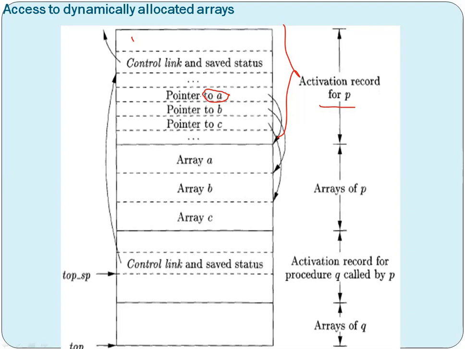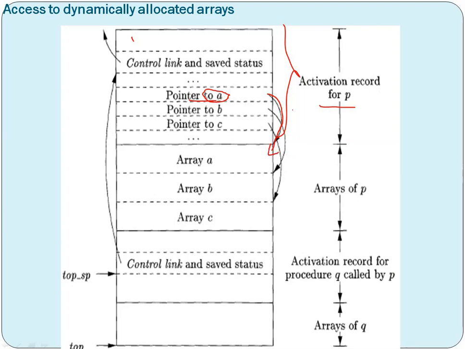So it's a pointer to where exactly the allocation takes place, and the pointer is available on the activation record, so that it can be accessed whenever needed by referring to the corresponding address.